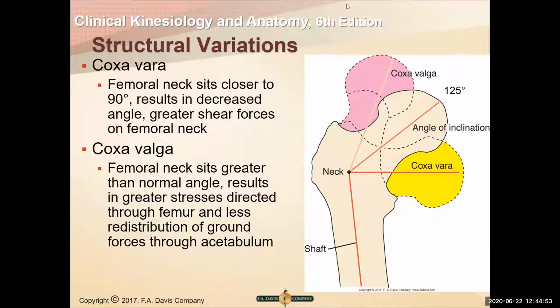In all of our bodies, we have what's called the angle of inclination. The angle of inclination normally, for most average ordinary persons, is about 125 degrees. If you have coxa vara, the angle is going to decrease. If you have coxa valga, the angle is going to increase.